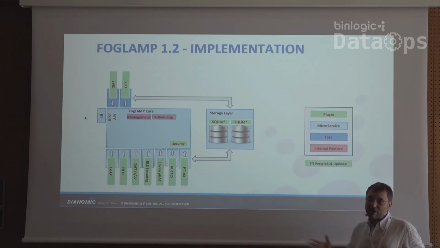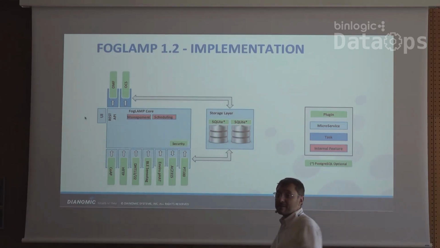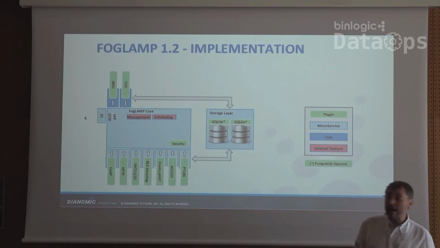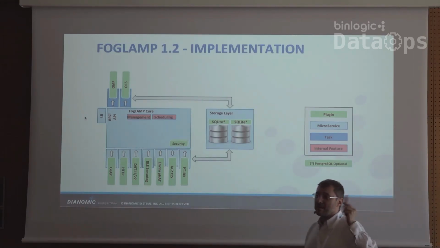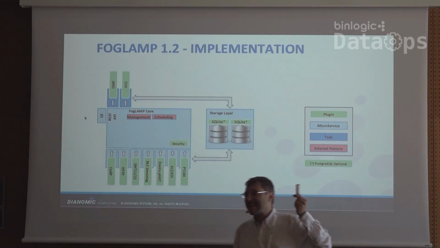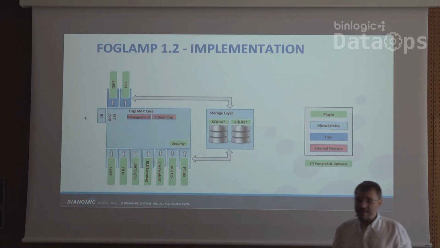If you have a larger environment with a proper disk, then Postgres is probably a good idea. And if you run FogLAMP on this Raspberry Pi, it has half a gigabyte of RAM, and everything should run here. So Postgres is probably not the best idea. If you run it on 1 gigabyte with this one, then yeah, it fits pretty well.